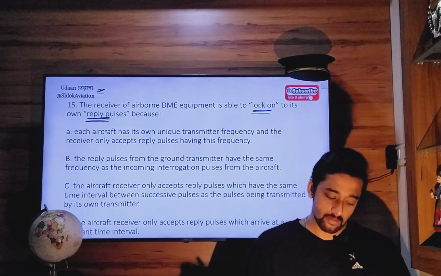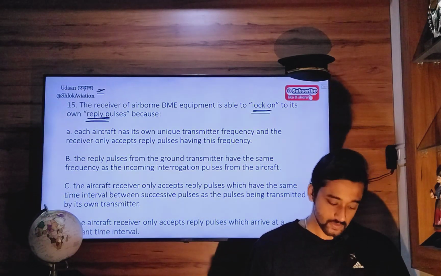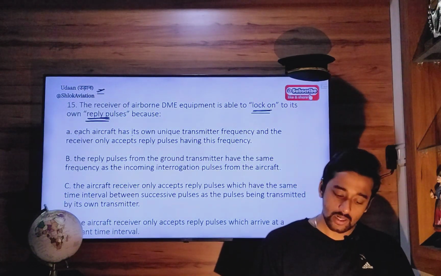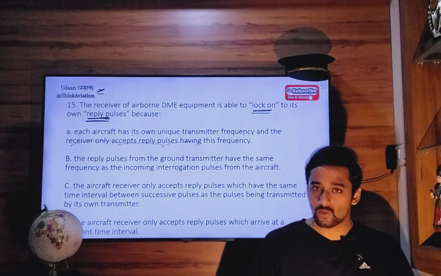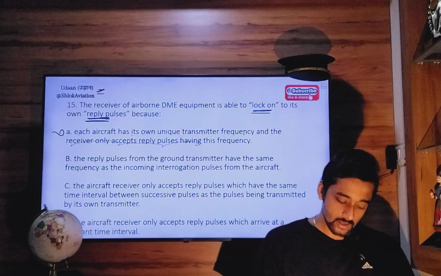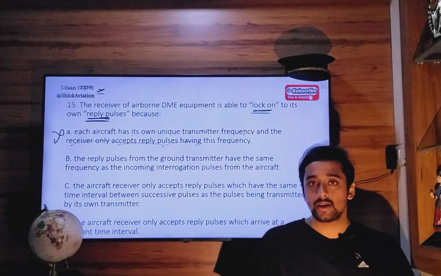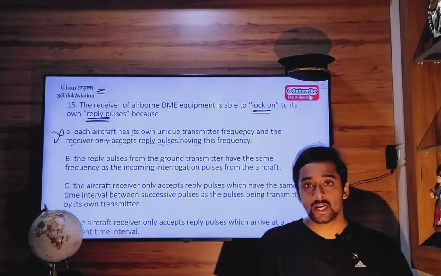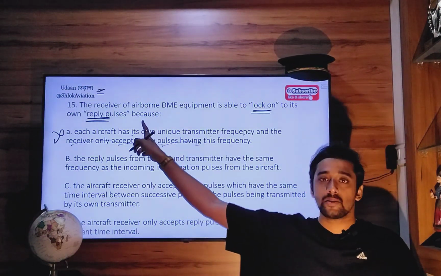I have told that many times: by jittering the pulse recurrence frequency. Option: each aircraft has its own transmitter frequency and the receiver only accepts reply pulses having this frequency. No, that is wrong. That is done in order to avoid ground reflections from interfering with DME operation, not for this particular purpose.